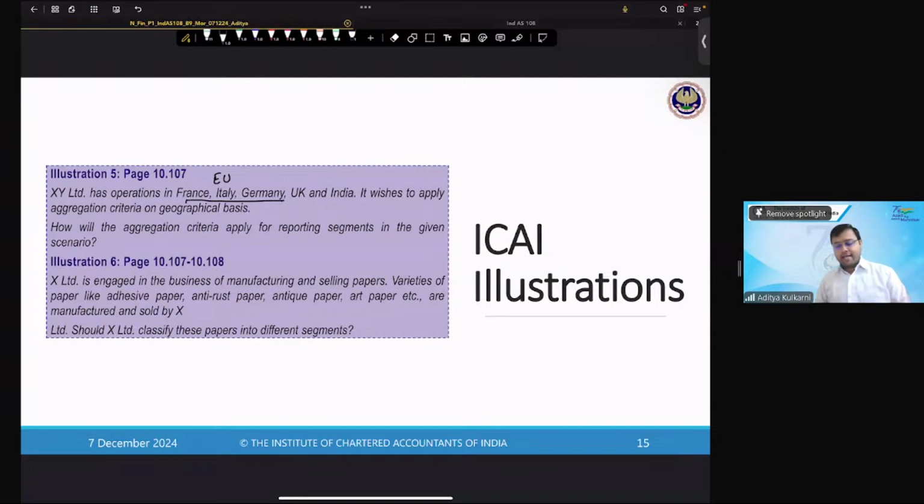So I can do an aggregation. UK, Brexit has happened, right? At least that was the last update I had. So UK is supposed to not be a part of the European Union. So UK is separate and India is separate. Okay. So aggregation criteria can be done based on this particular mechanism.